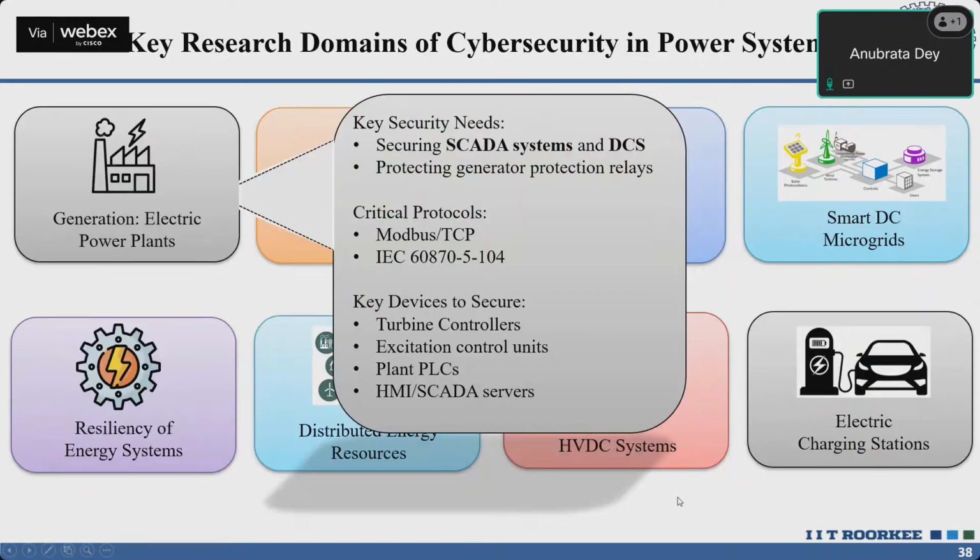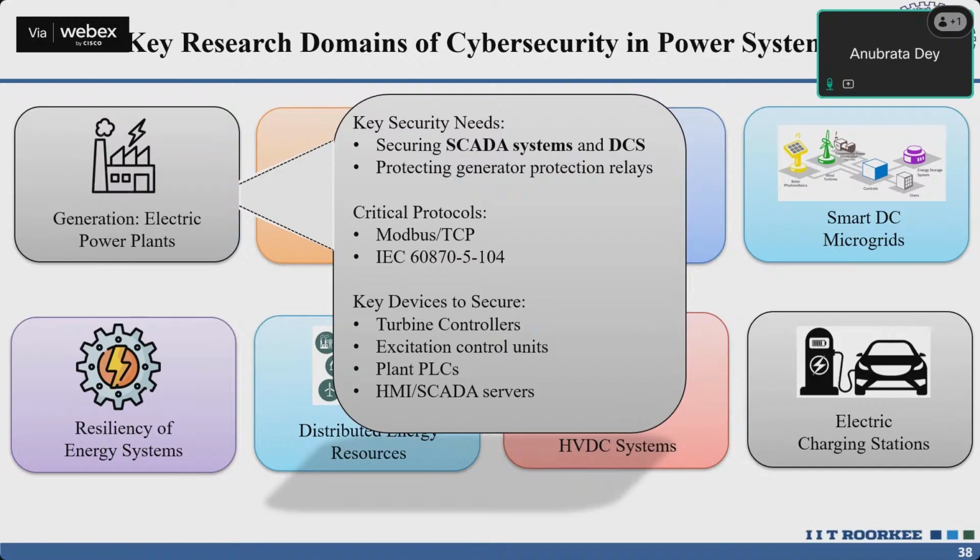The other areas are related to the producing of power, generation of electricity. There we have to secure our SCADA system, which works under the DNP3 protocol. Our distributed control system is also there. And the protocols they are mainly using are Modbus/TCP and IEC 60870-5.